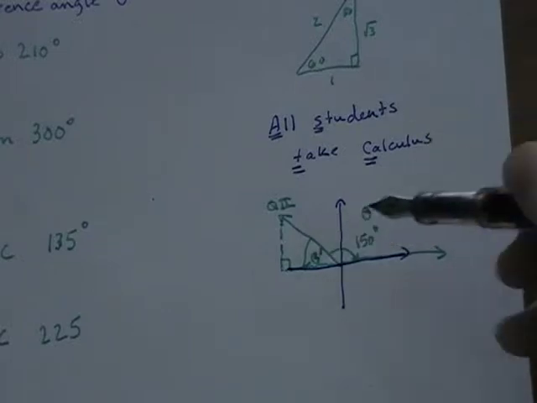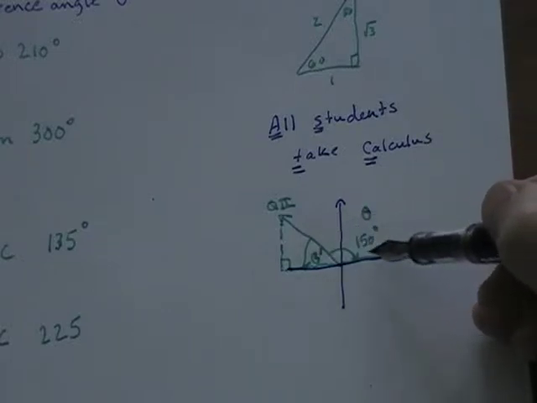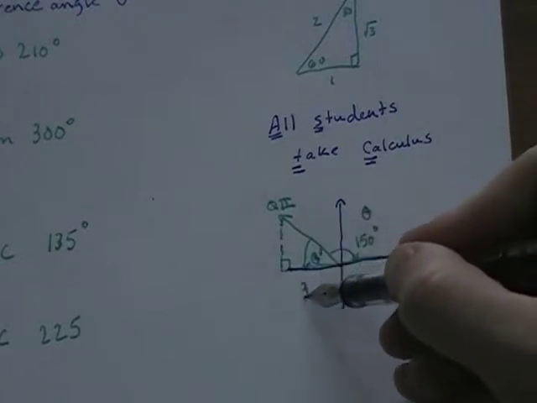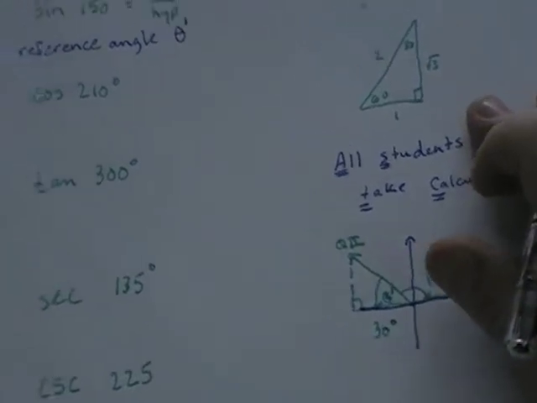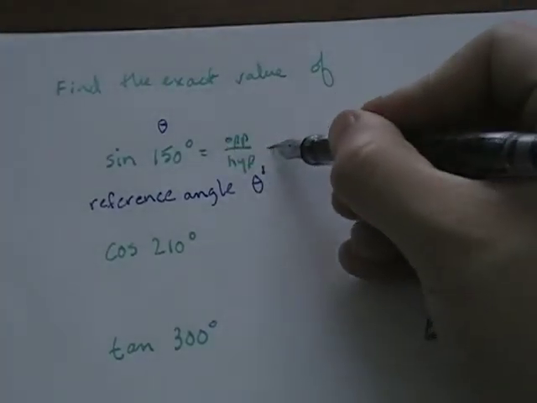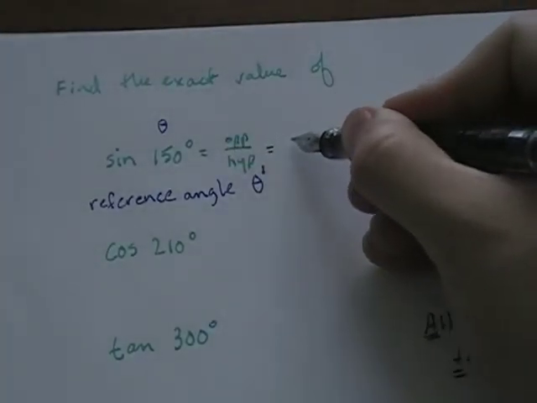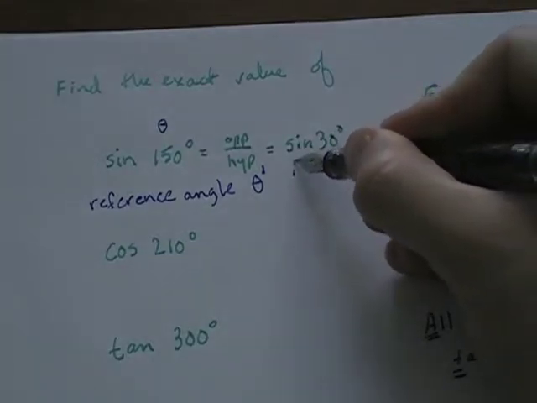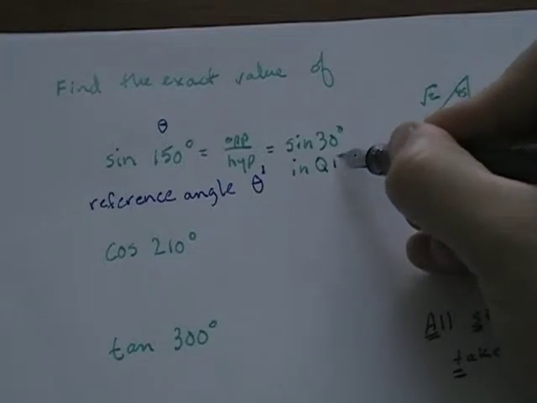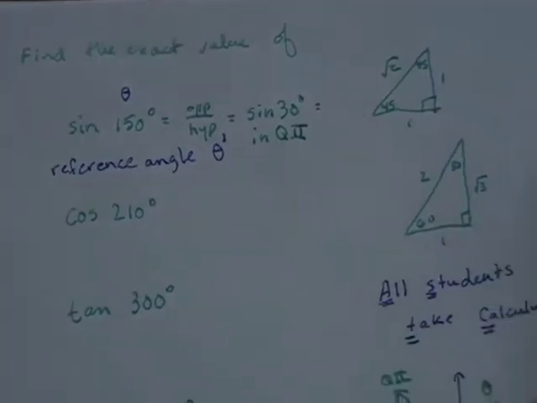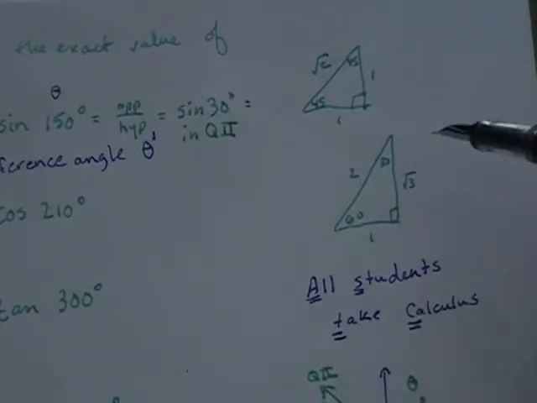Of course, we know this is 150. From here to here is 180. So theta prime must be 30 degrees. And so what I'm here to tell you is the sine of 150 is equal to the sine of 30 degrees in quadrant 2.